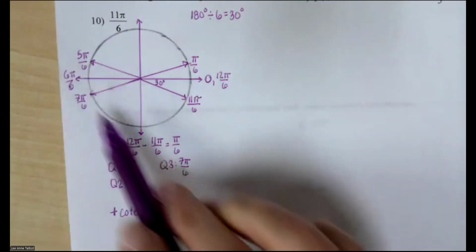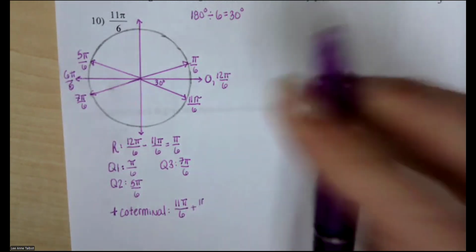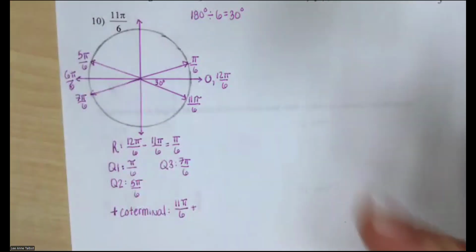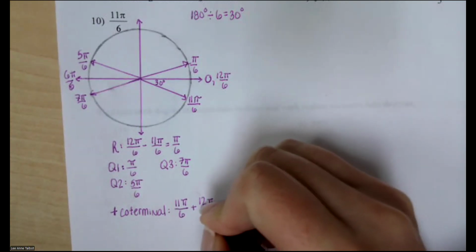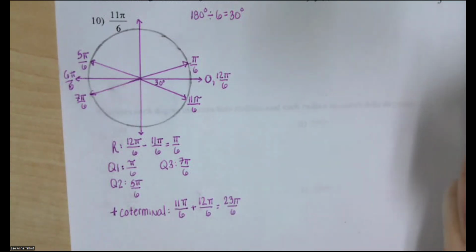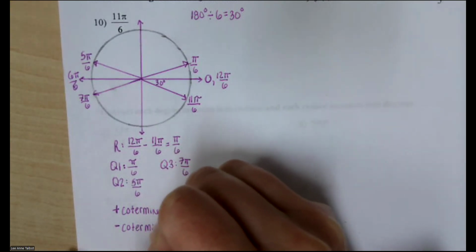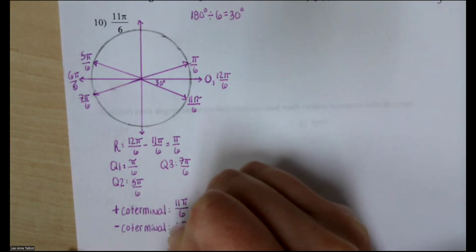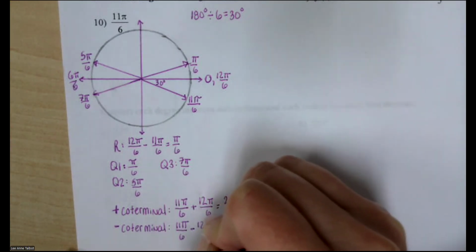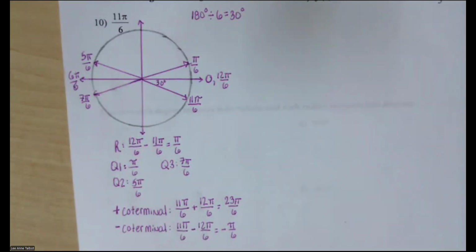Okay, what label up here on the circle is 2 pi? 12 pi over 6. It's already up there. So my positive coterminal is 23 pi over 6. And then for negative coterminal, you just subtract 2 pi.